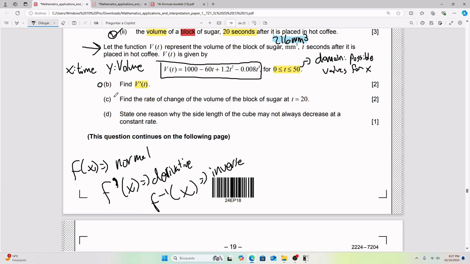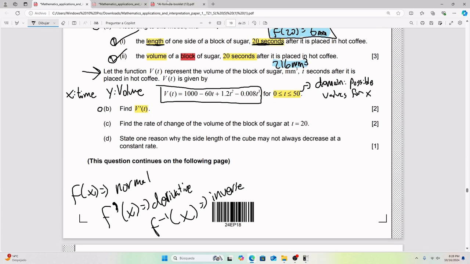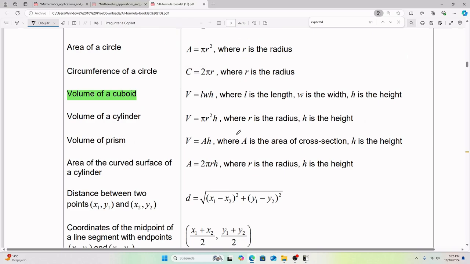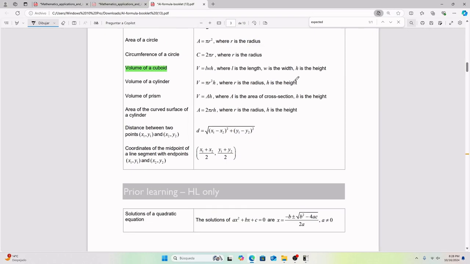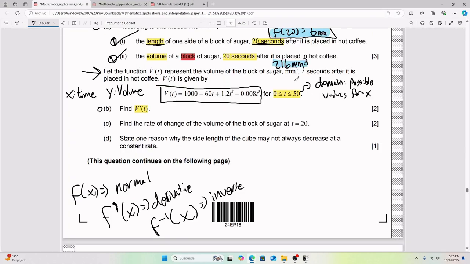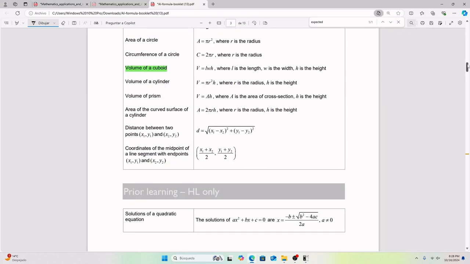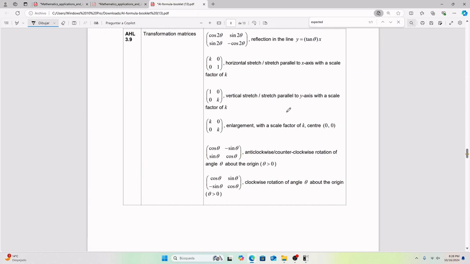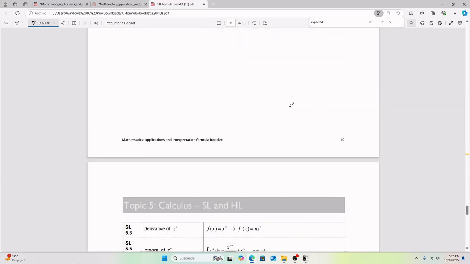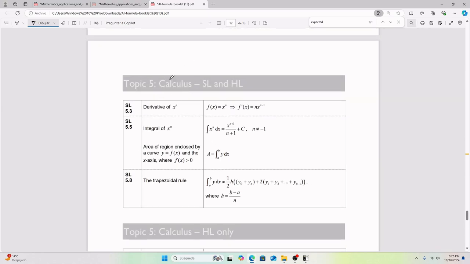In this context, I need you to identify this symbol as a derivative. So, derivatives. Probably not too exciting. You probably didn't understand it in class, and that is why you're watching this video. What I need you to do when you face a derivative problem at the AISL level is that the moment you see it, you take out your formula booklet and scroll all the way down until you reach the calculus section, topic 5.